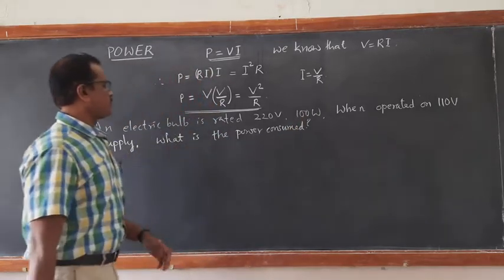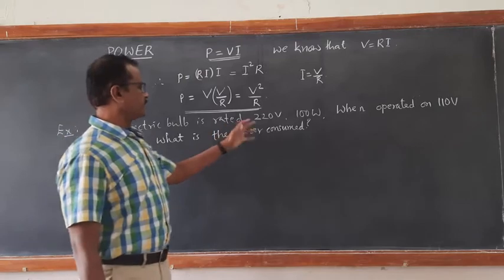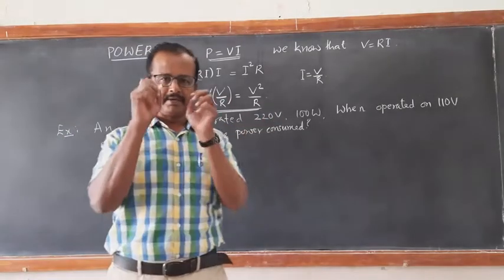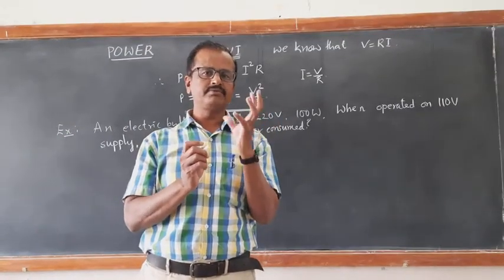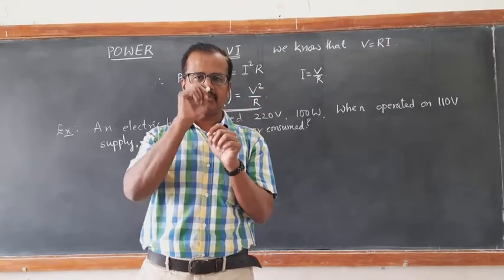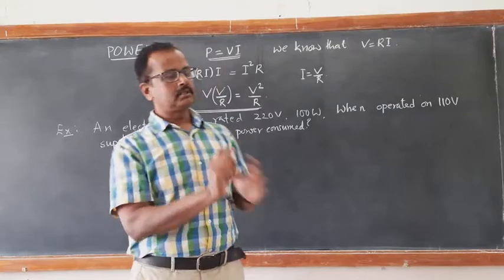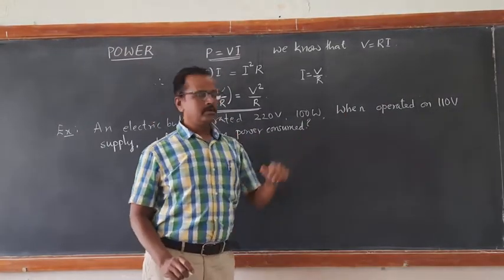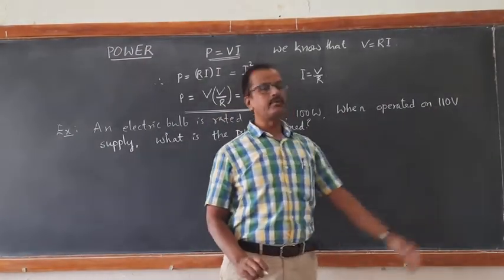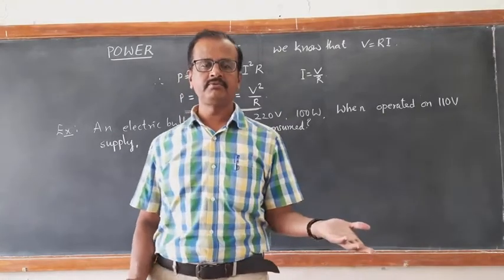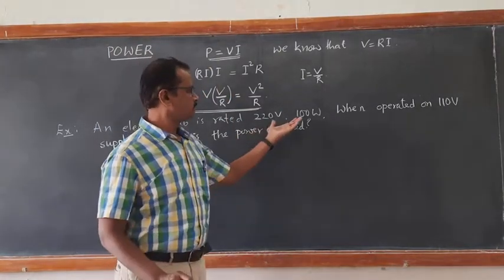Simple question. See, when you look at the rating of the bulb, on the bulb it will be printed. If you purchase any bulb, if you see any filament bulb, on that it will be written 220 volt, 100 watt. Suppose it is operated for lesser voltage, 110 volt, exactly half. What will be its power?